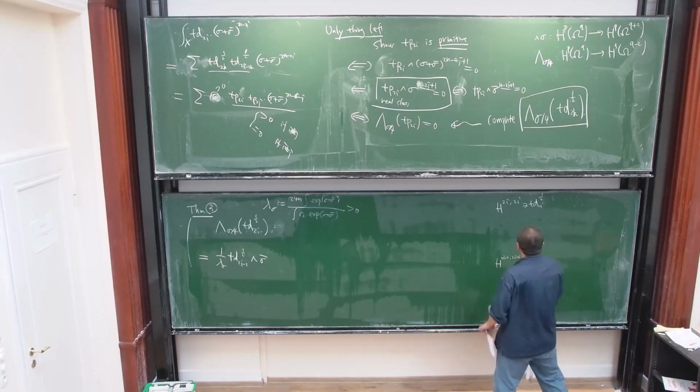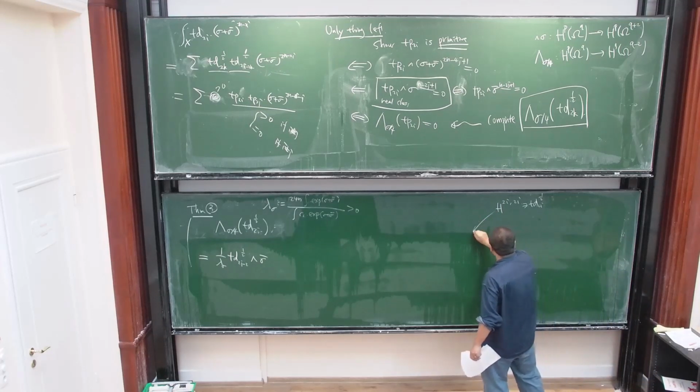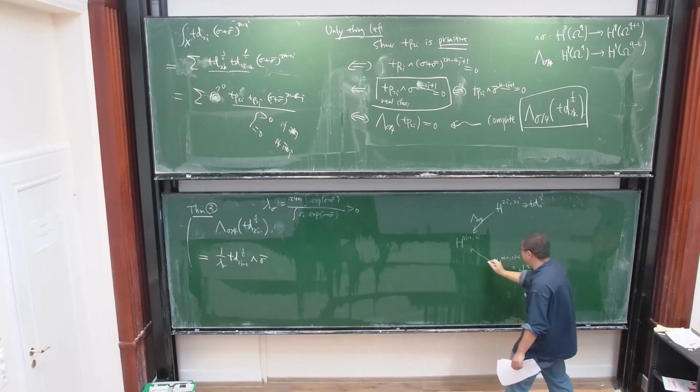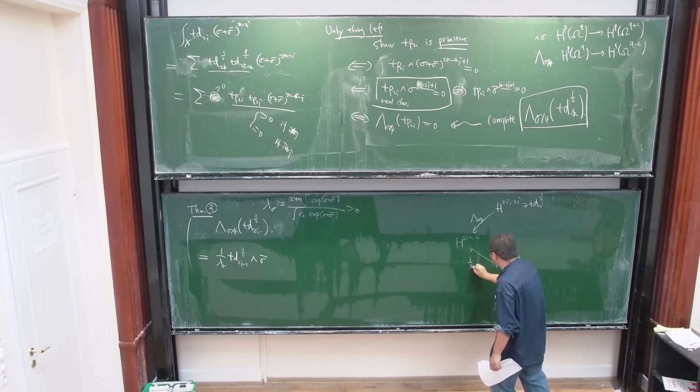And what we want is we act this sigma over 4, so this becomes 2i-2 and 2i, okay? And then it agrees with this 1 over lambda times L sigma bar.